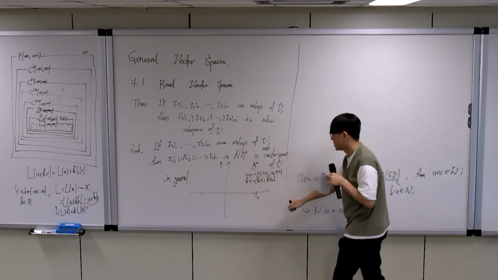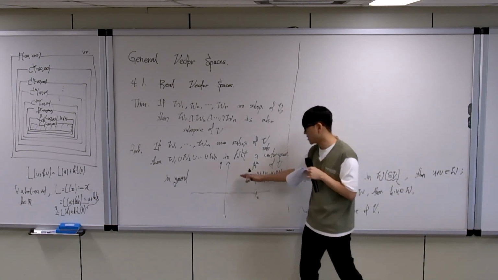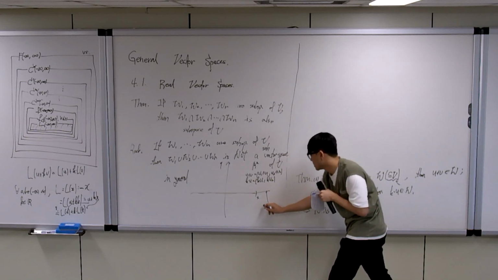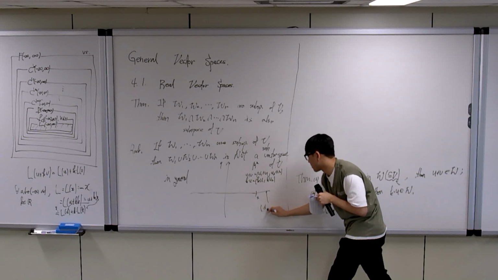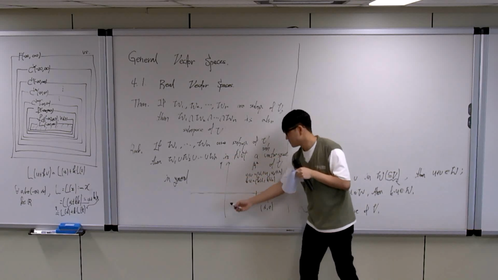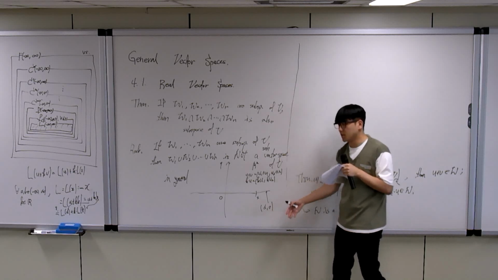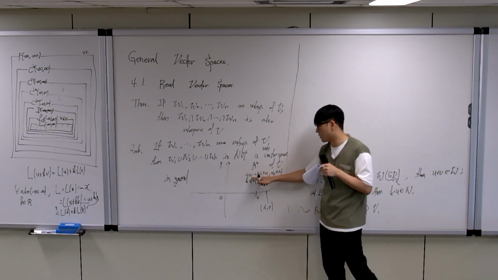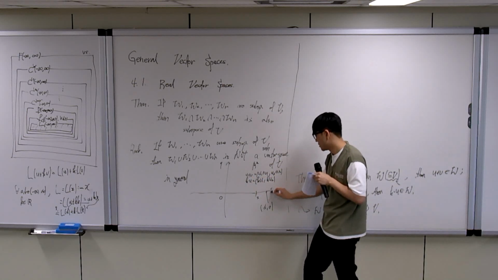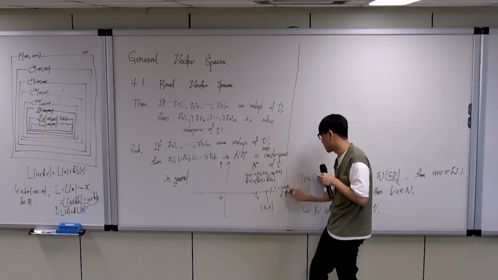If you choose a vector on the x-axis, its entry is alpha, 0, because the second entry is 0. So it will be closed under the addition operation and scalar multiplication operation. So it is a subspace of R2.